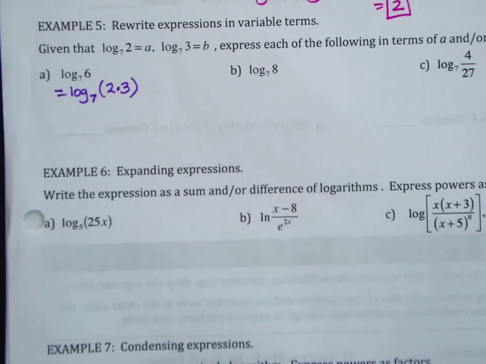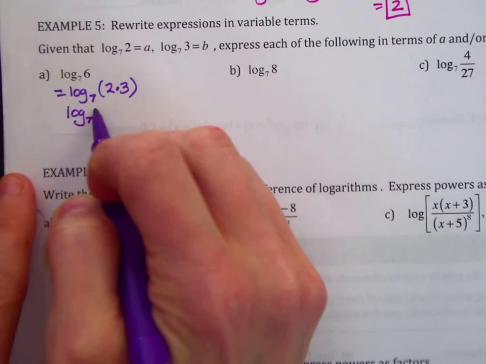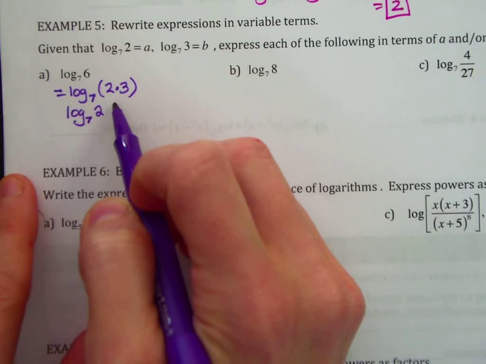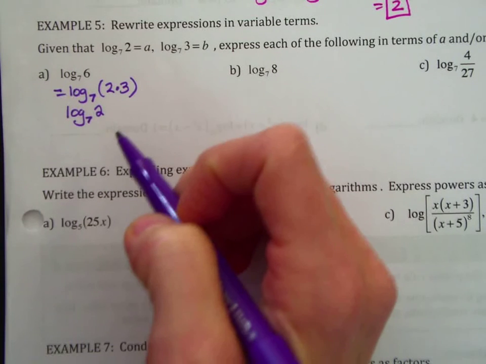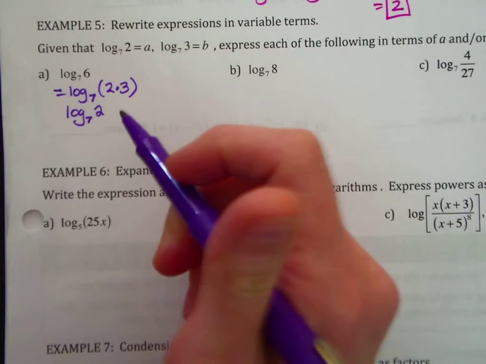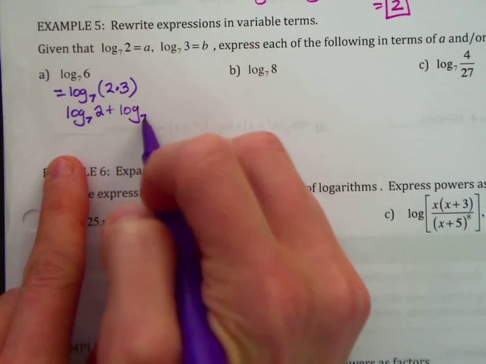Okay, now once we have that, how can we now rewrite this? Log base 7 of 2. Because we have a product here, are we going to add or subtract? Add. We're going to add. Products you add, quotients, anything on the bottom you subtract. Log base 7 of 2 plus log base 7 of 3.